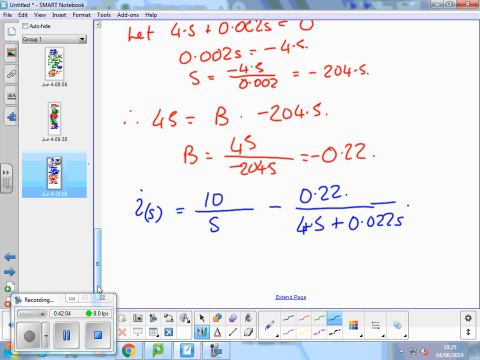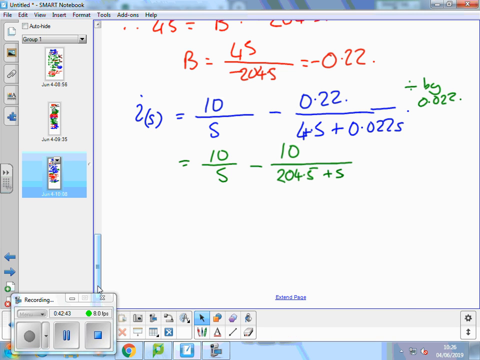Yeah, so we want to divide through, so we can write 10 over s minus, and that comes out at 10 now, I hope, over 204.5 plus s.